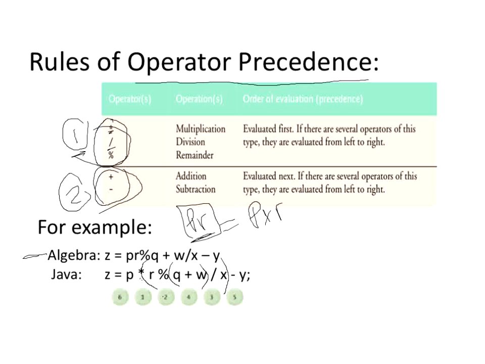For example, let me write it on the right. If we have brackets like these, we always work with the very inside bracket. Then we work with the outer one, then the outermost bracket, right? So in this example, we will have to deal with the plus sign first.